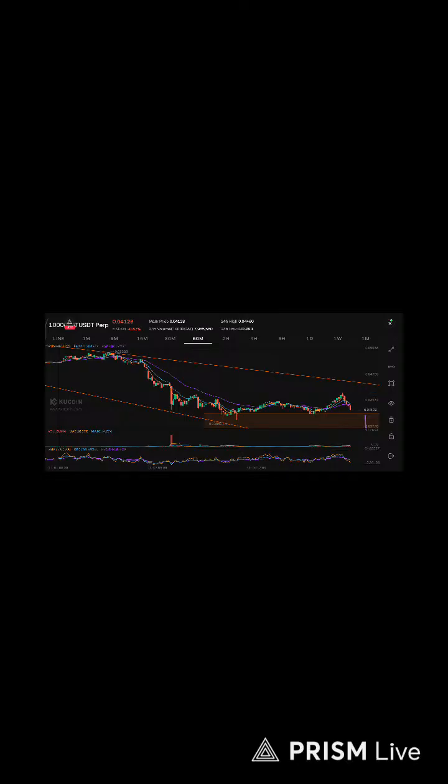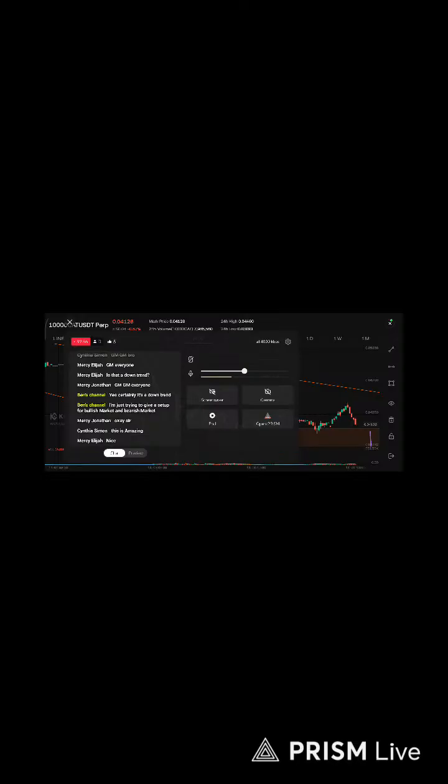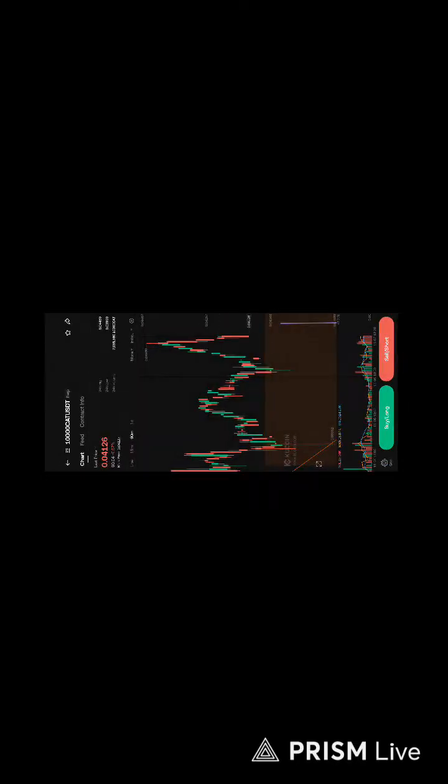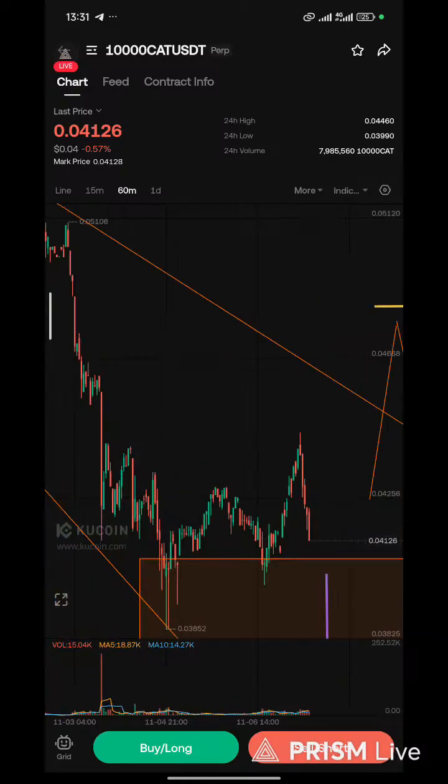Today we are dealing with the 1,000 10,000 unit USDT perpetual. That's what we are trading. So, wow, ETH breaks above. Are you a sniper?